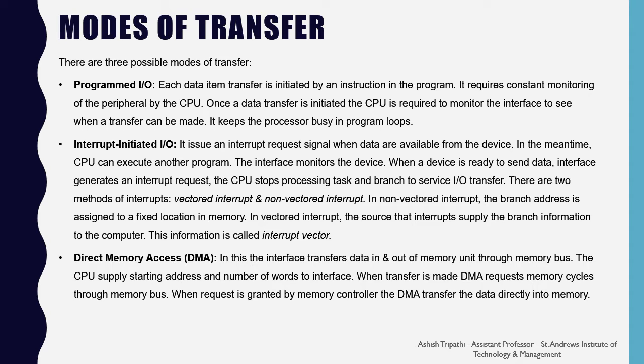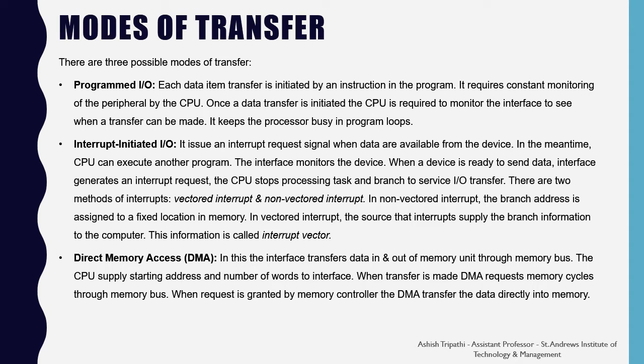So in the interrupt initiated input-output, when a data transfer is being initiated, the device is attached to an interface. When the data is in the device, the interface will pass an interrupt signal to the CPU, alerting the CPU that now the data is ready to be read or written.